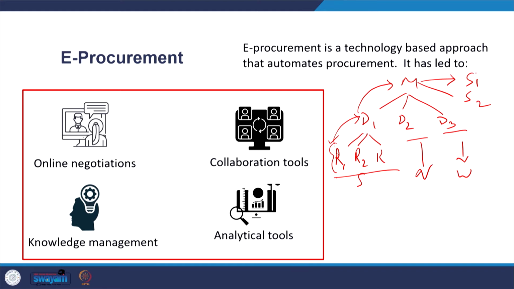Because they are connected to the manufacturer, these suppliers also come to know the current stage of the manufacturer in terms of raw material and components. Accordingly, they will try to supply the materials to the manufacturer.